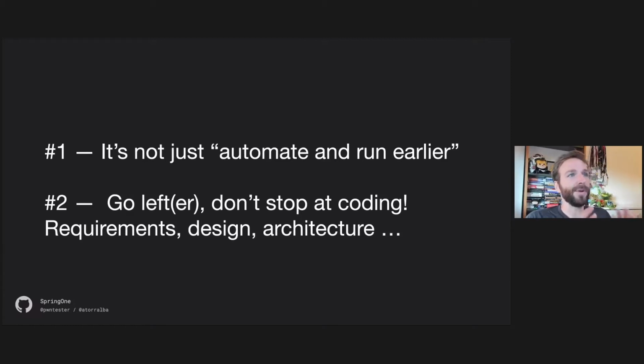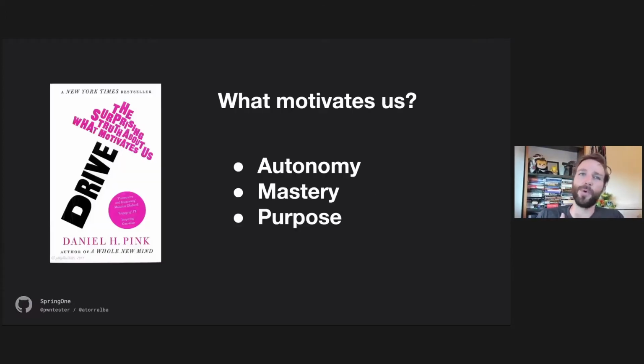The first one is very important, right? It's a cultural change. It's not just a matter of tooling and automating things. And for being successful with this cultural change, what we need to do is motivate our teams. In his book Drive, Daniel Pink tells us that motivation is a combination of three different elements.